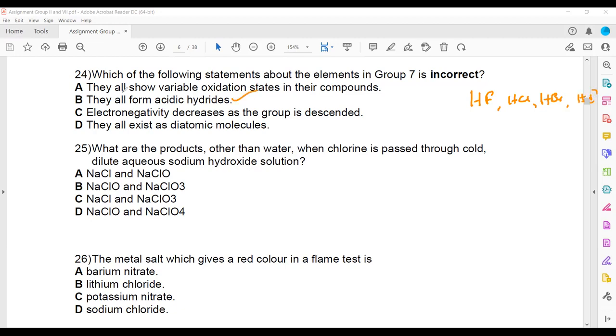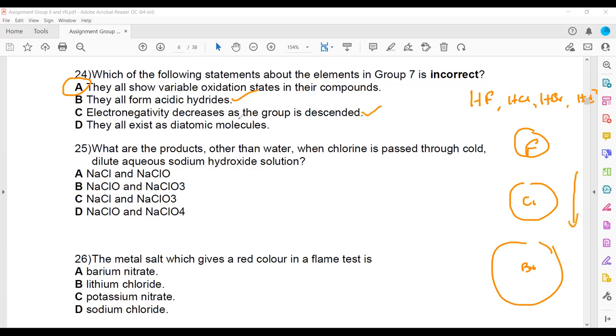That's true. We know A is the right answer, but I'm explaining the other statements. The electronegativity decreases as we go down the group. That's true because fluorine is smaller in size and more electronegative than chlorine. Chlorine is more electronegative than bromine. Bromine is more electronegative than iodine. So this is also a right statement.